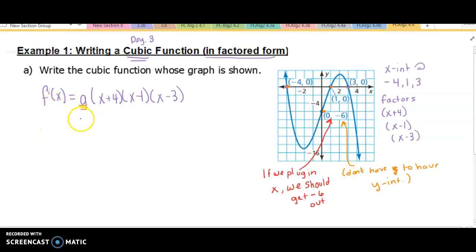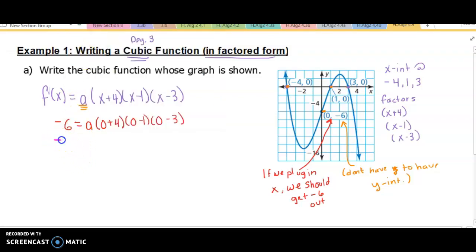If we plug 0 in for x, so a times 0 plus 4, 0 minus 1, and 0 minus 3, we should get -6. Now that I have all that plugged in, notice a is my only variable, so I should be able to solve for that.